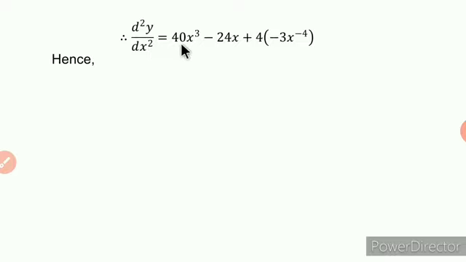It is equal to 40x cube minus 24x plus 4 into the derivative of x raised to minus 3, which is minus 3 into x raised to minus 4. Now x raised to minus 4 means it is 1 upon x raised to 4. And hence here we get d square y by dx square is equal to 40x cube minus 24x minus 12 upon x raised to 4. This is the required second order derivative for the given function.